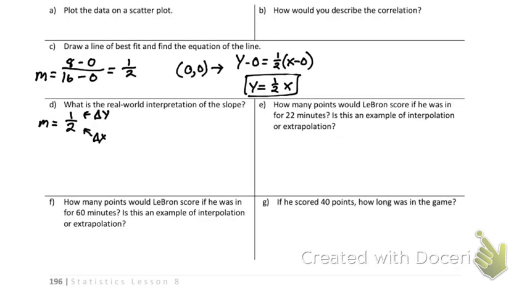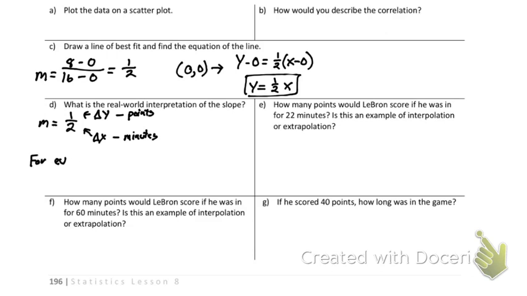So what our slope is actually saying is, for every 2 minutes he plays, he's going to score 1 point. That's exactly what the slope says.